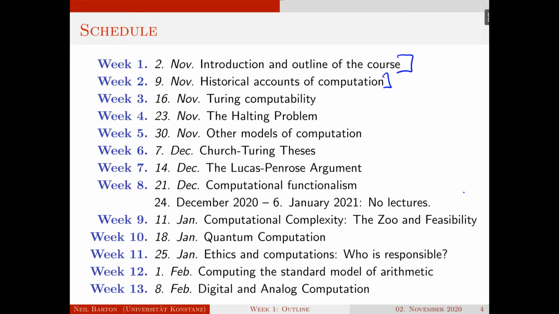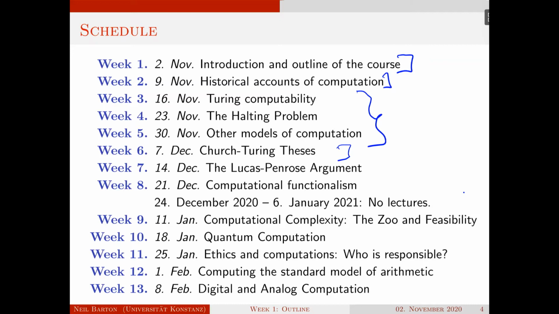Then in weeks 3 to 5, we'll be looking at some technical results, some of the mathematics behind the work of people like Turing in providing a mathematical analysis of computation, and given this mathematical analysis, what kinds of limits there are. Once we've done that, we'll look at the Church-Turing thesis. This is the idea that effective procedures are exactly coextensive with Turing computations.